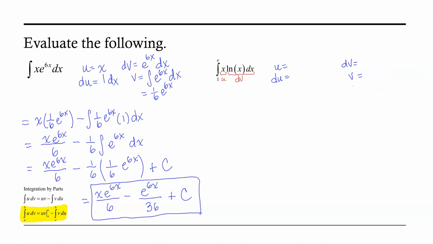So if I switch things around and I let ln of x equal u and x dx equal dv, then let's see what happens. So ln of x is u, so du would be 1 over x dx. And see, the derivative of the natural log is much simpler to find than the antiderivative.